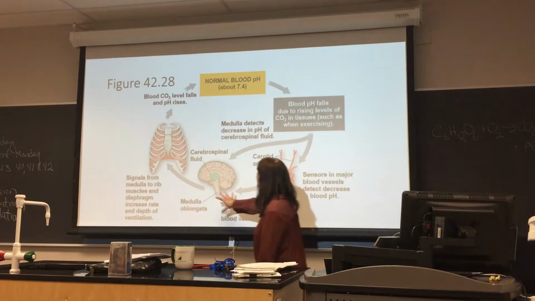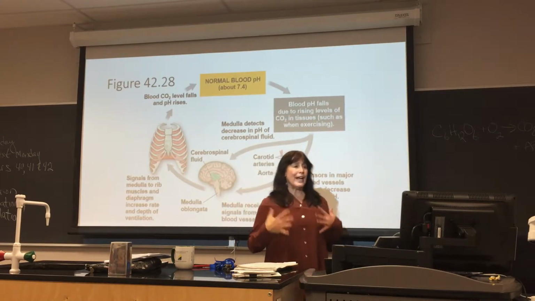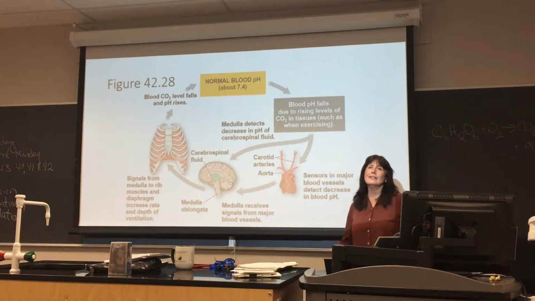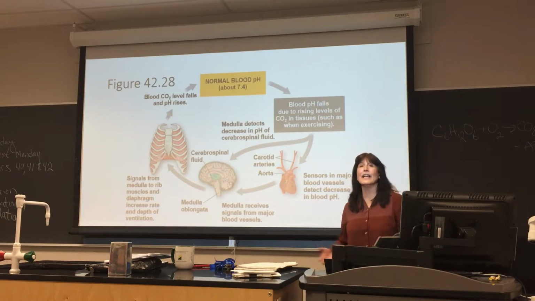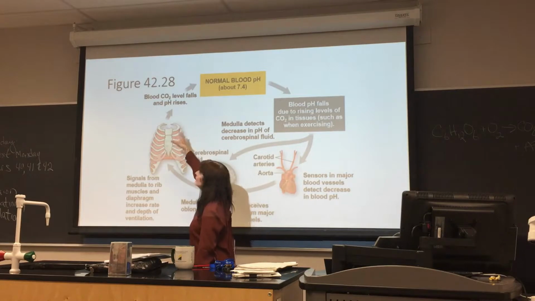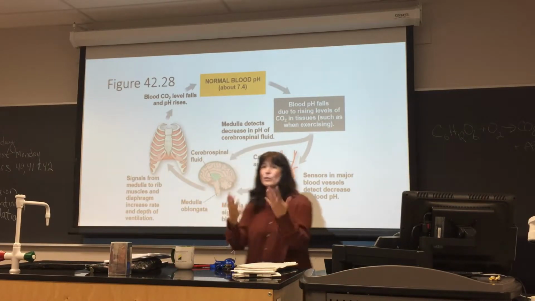And so what's going to happen is it's going to send messages to the chest, and it's going to say, okay, diaphragm pull down, ribs pull up, and let's get more inhalation. And then what that is going to do, the blood CO2 levels are going to fall because you're breathing it out at a much more rapid pace.